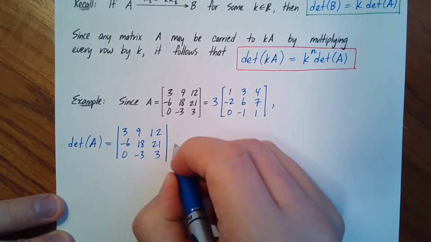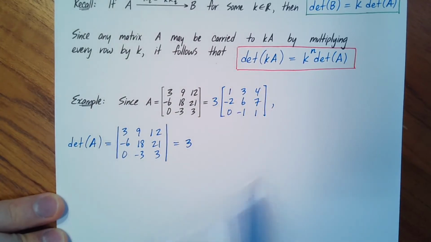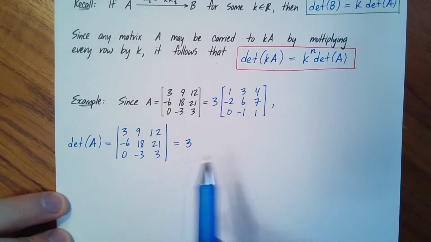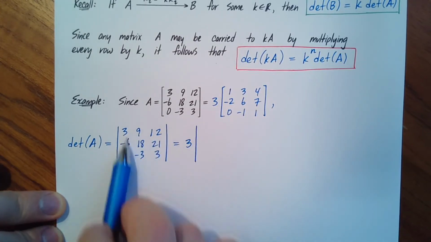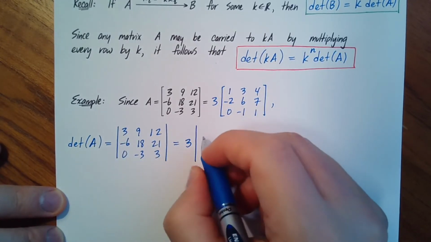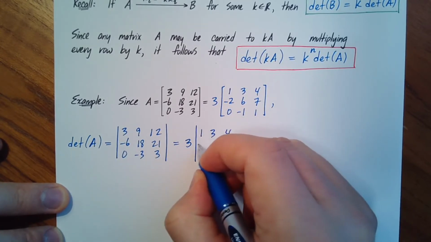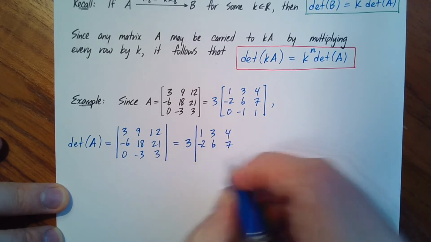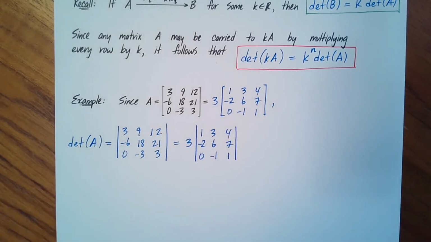Well, what I'm going to do is pull out the 3. This is how you can think of this rule. Just pull out the 3 from the determinant, and you're essentially pulling out a 3 from every single one of those entries, and I'll have 1, 3, 4, negative 2, 6, 7, 0, negative 1, and 1. Now that is currently not quite correct.